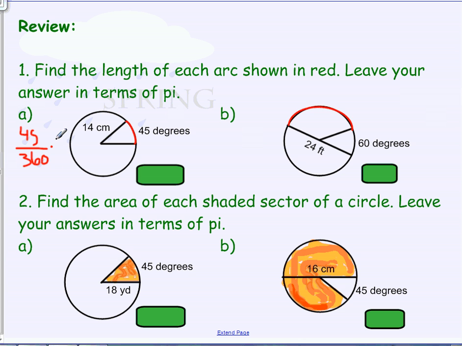Multiply that by 2 pi, and my radius, which in this case is 14. If you were to multiply all that out, you would get 7 pi over 2. And you can leave your answer just like that, 7 pi over 2.